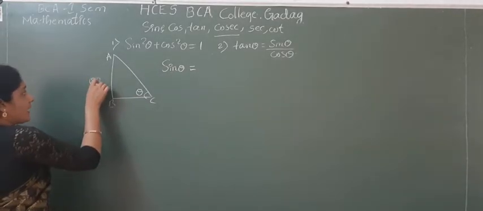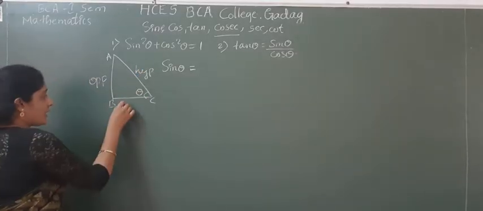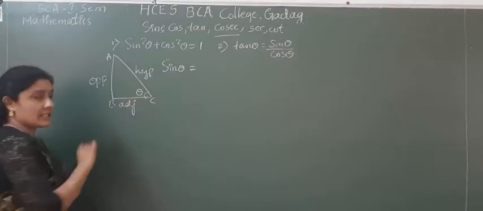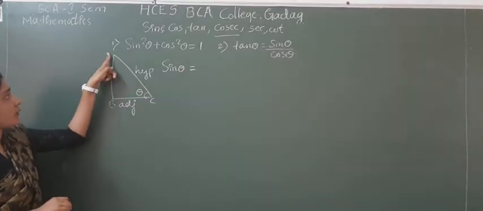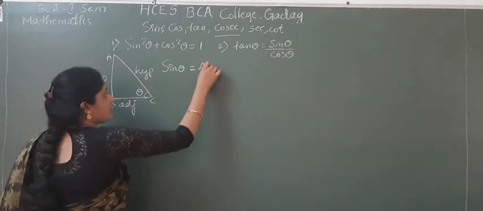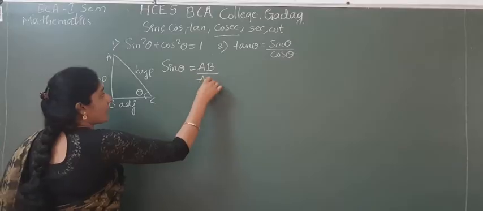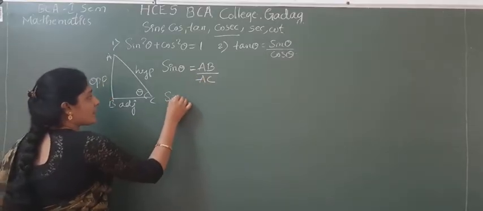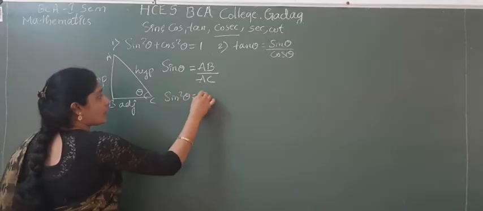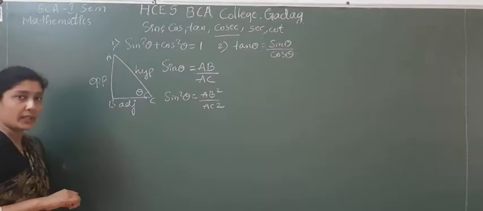So once again I write it: this is opposite, this is hypotenuse and this is adjacent side. So sin theta is equal to opposite, what is that? AB, divided by hypotenuse, that is AC. Now let us square this. Sin square theta is equal to AB square divided by AC square.